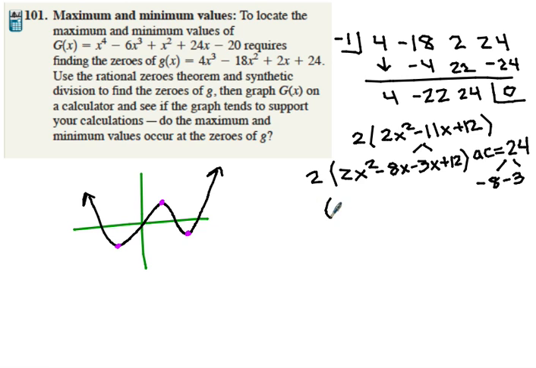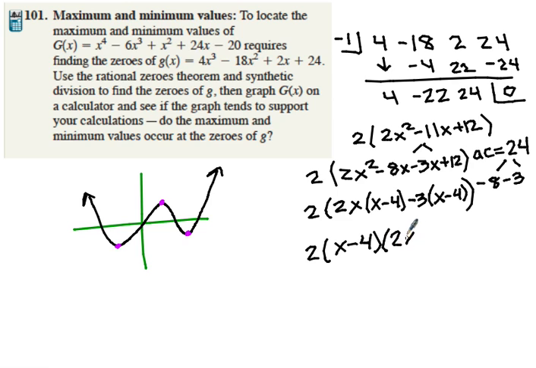But finding these other zeros, we're going to be able to factor this out. It will be a 2x, and we're left with x minus 4. And then we can pull out a negative 3, and we're left with an x minus 4. That 2 is still out front there. And so our other 2 factors are going to end up being the x minus 4 and the 2x minus 3.